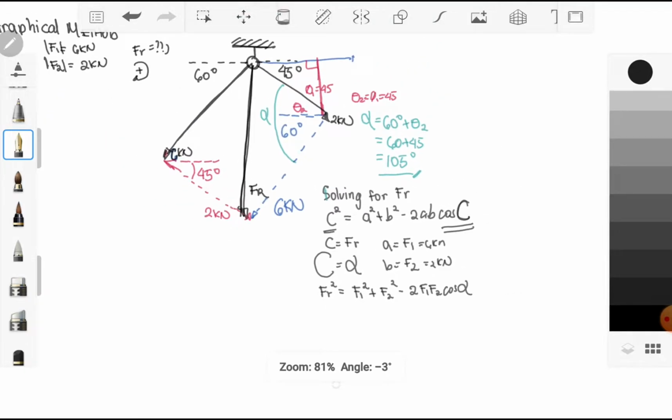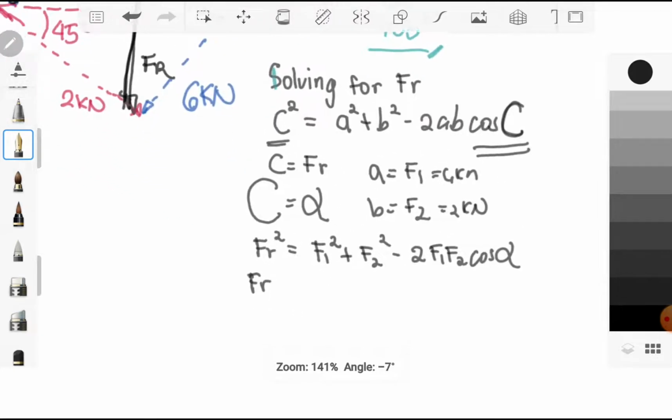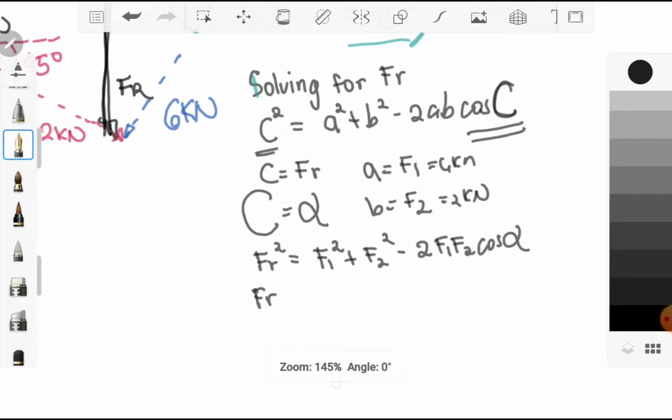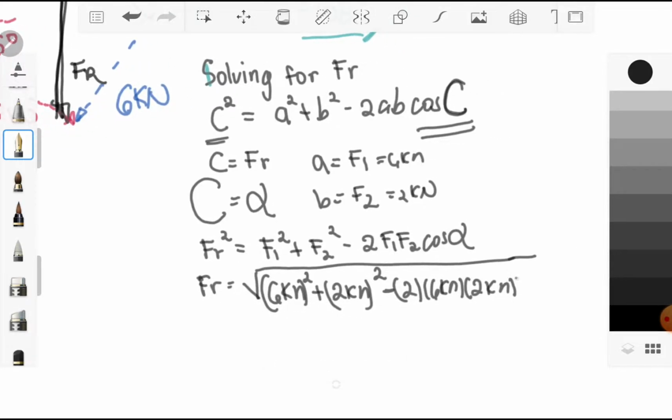Okay? So, solving for this one, we have our FR is equal to the square root of our F1, which is equal to 6 kilonewton squared plus 2 kilonewton squared minus 2 multiplied by 6 kilonewton multiplied by 2 kilonewton cosine alpha.